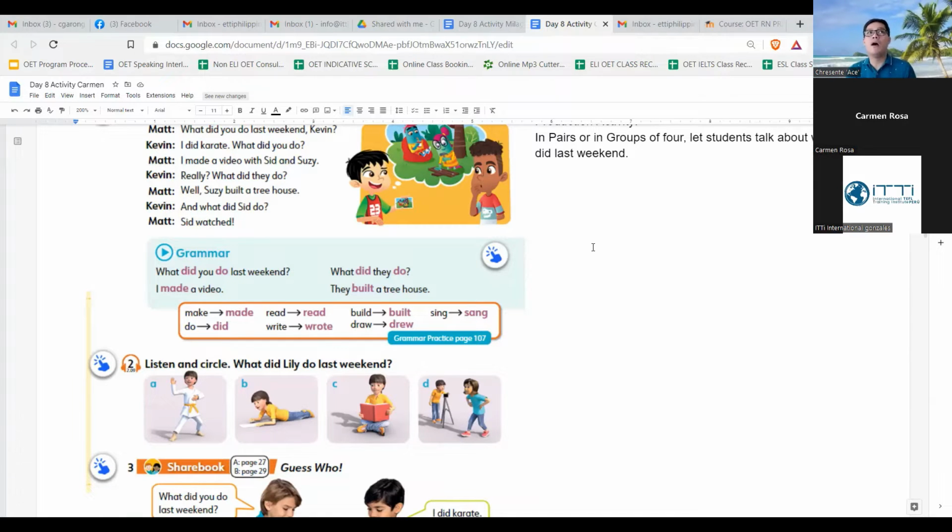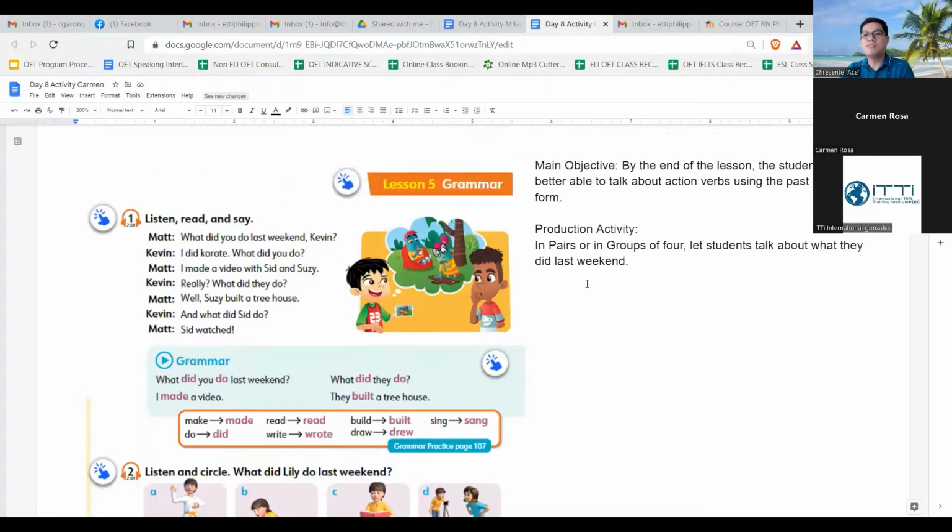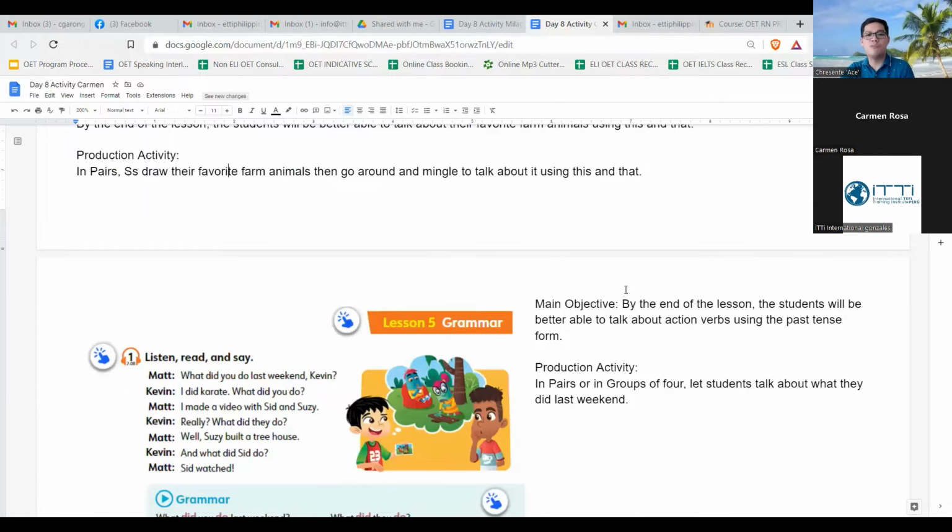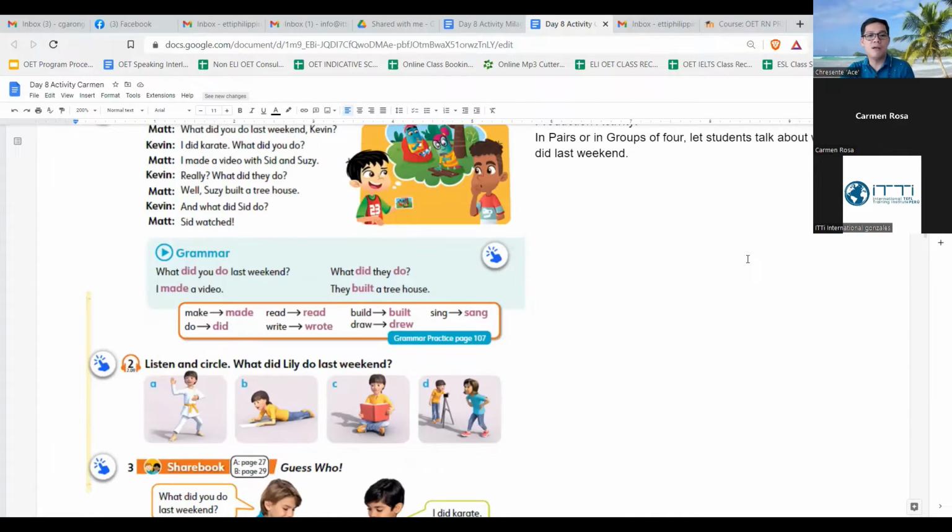So students would see that there are action words in the past that you just add -ed to, and there are actions in the past where you have to change the spelling. They get this in their mind by looking at the example, so you don't have to explain. They will see it and get it from there. But anyway, let's see first how you wrote the objective given this kind of material.